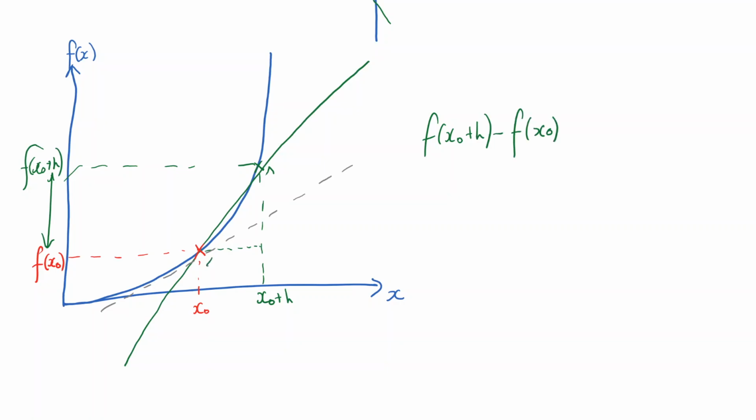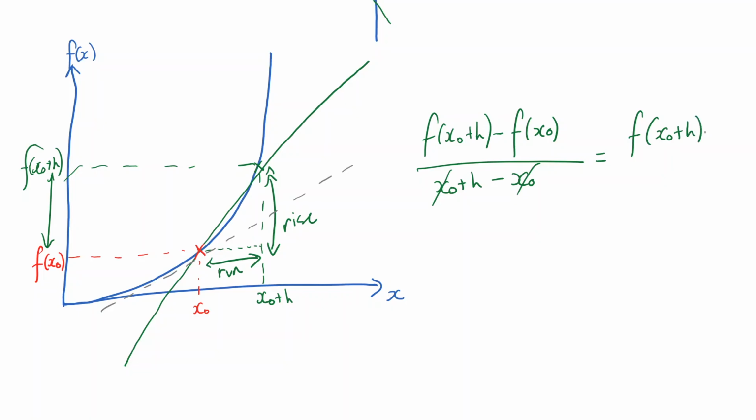And then the run, this difference, is going to be x0 plus h minus x0. And we can see that these two are just going to cancel out to 0, and we get f of x0 plus h minus f of x0 over h.